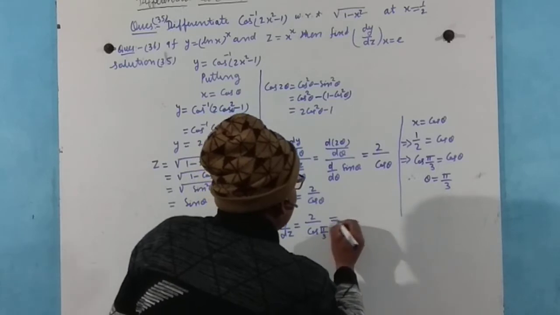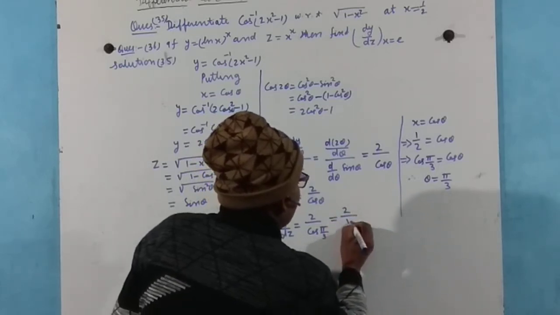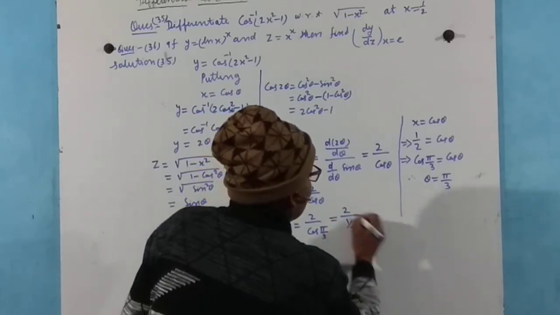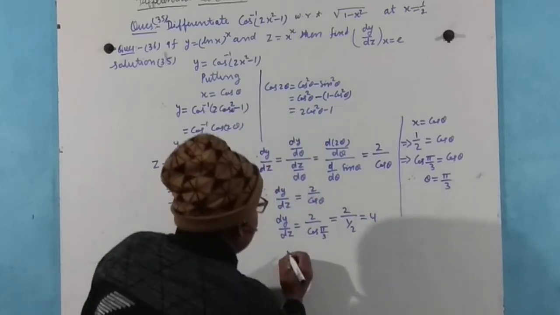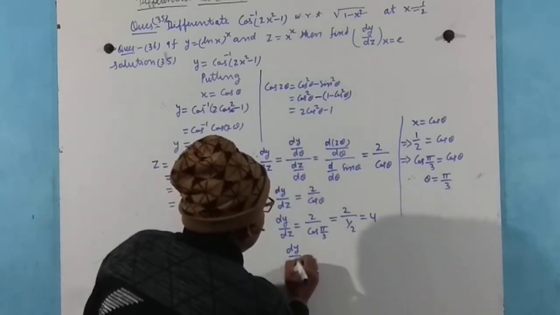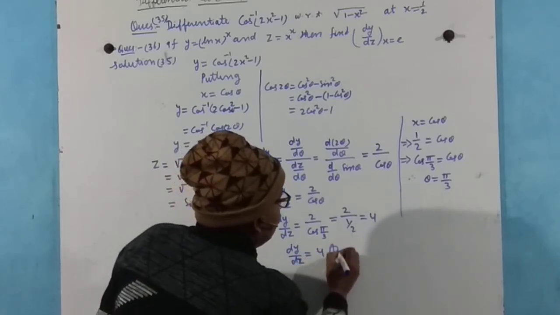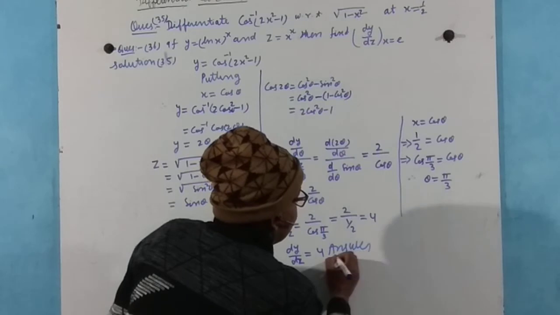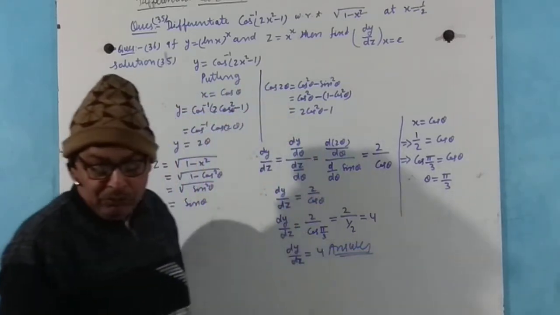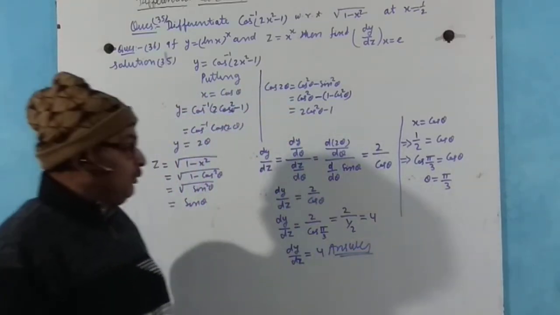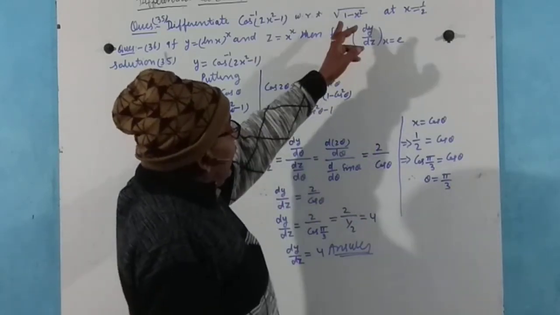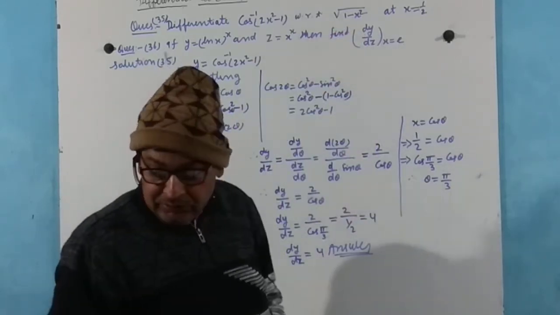So this can be written as 2 by 1 by 2, this is equal to 4, so that dy by dz equal to 4, this is our answer here. And this problem can be solved by direct methods here.